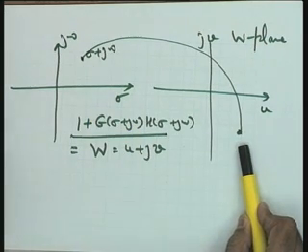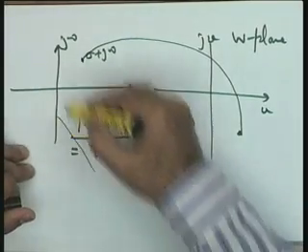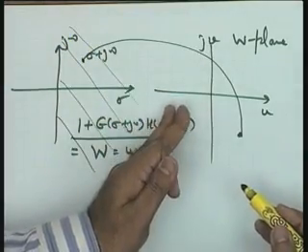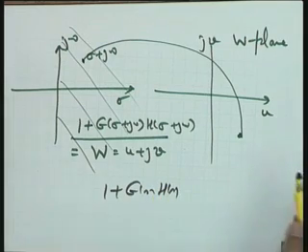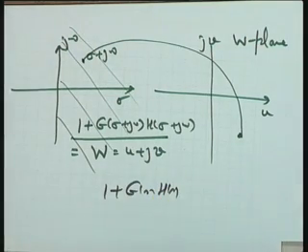So, let me now change the language. I say that I really want to see the mapping of the entire right half of the S plane under the function 1 plus GSHS to see whether the origin is covered by this mapping. Is it all right?